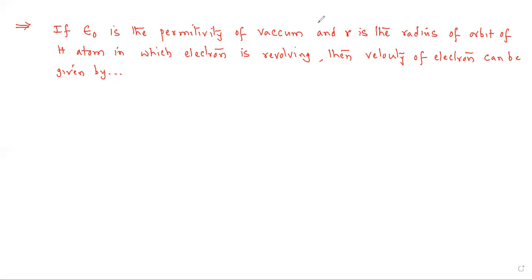Now let us take things in such a way that we get both the E naught, I mean permittivity of a vacuum, and even R, radius of the orbit of hydrogen atom, and of course velocity.